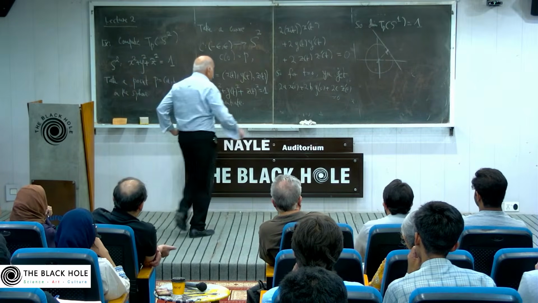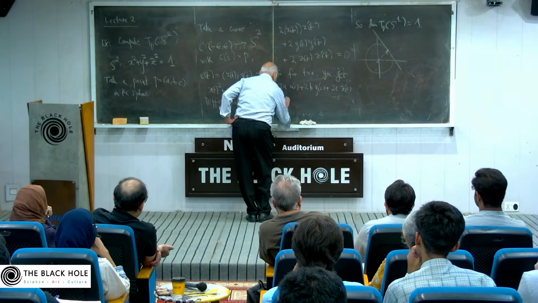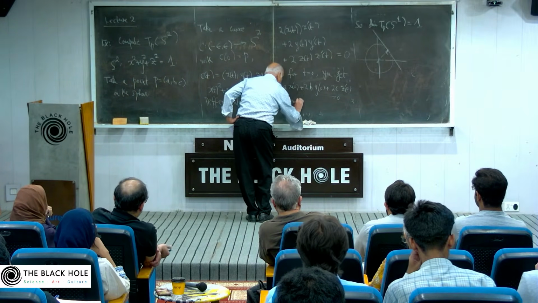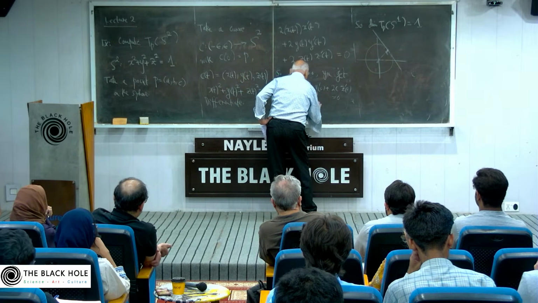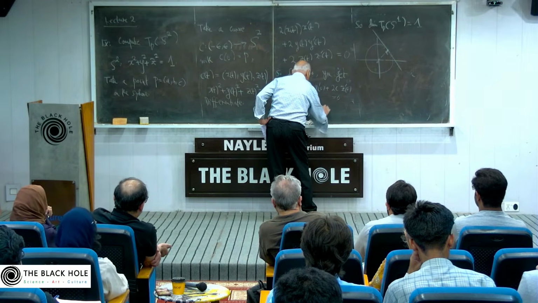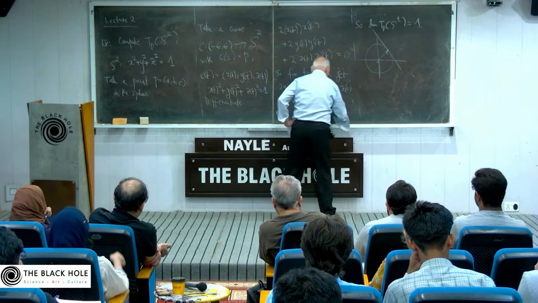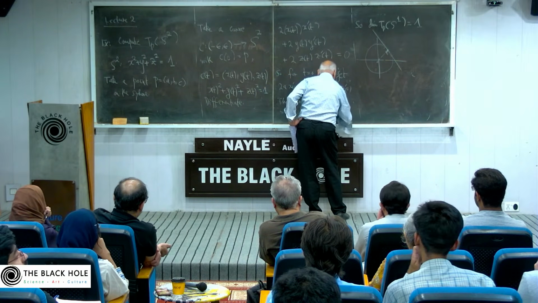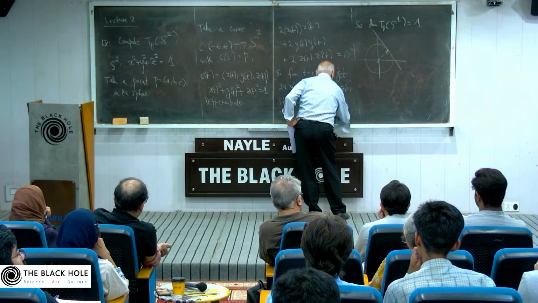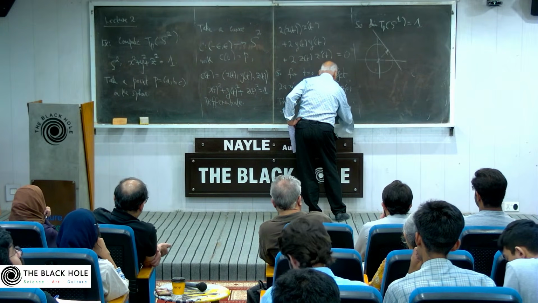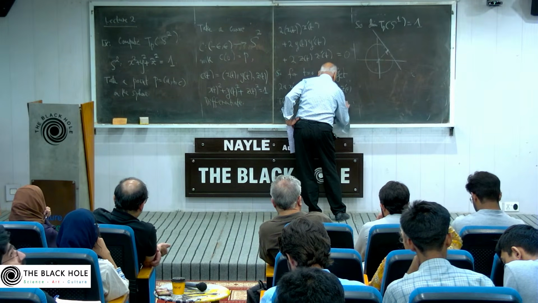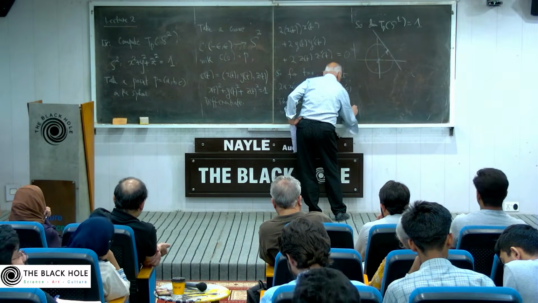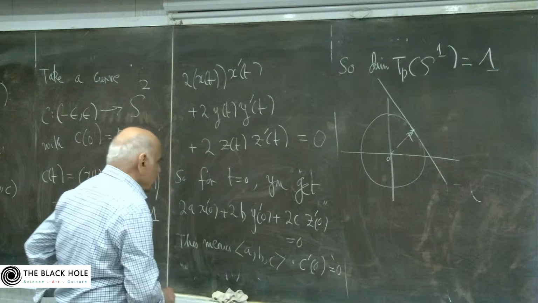So this means (a, b, c) dot c prime(0) is equal to 0, right?